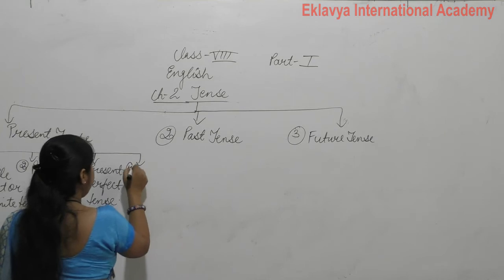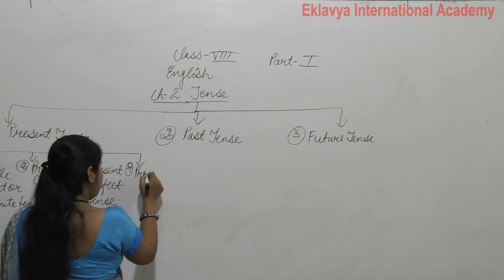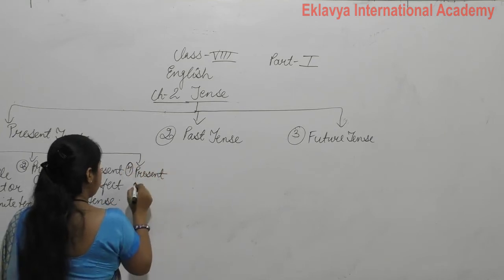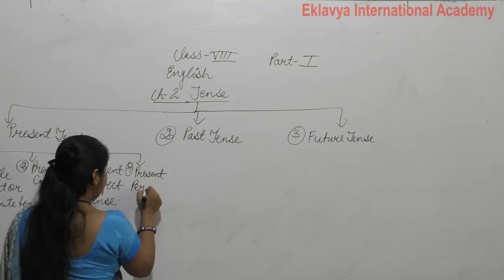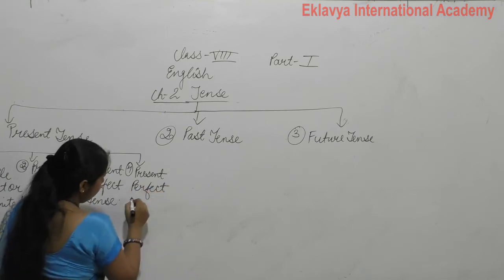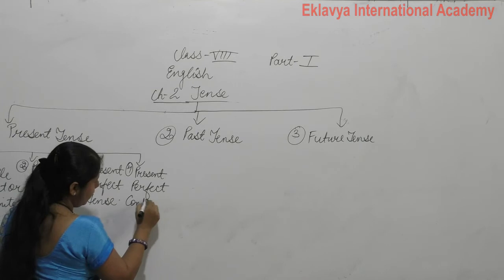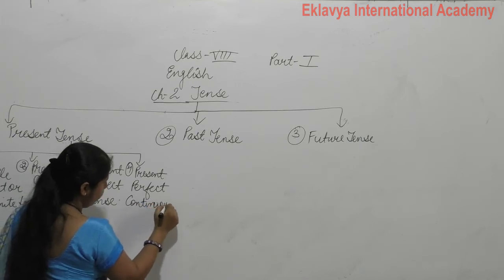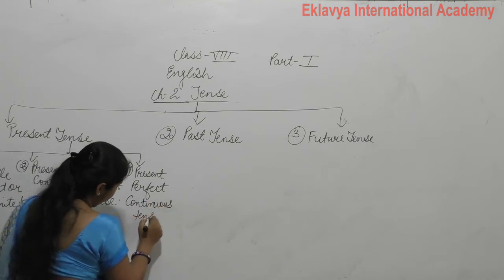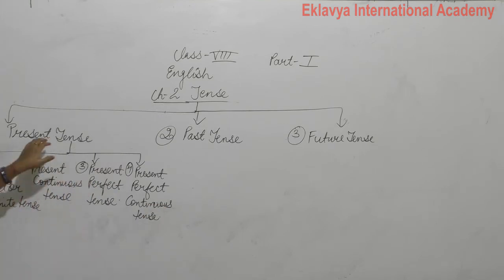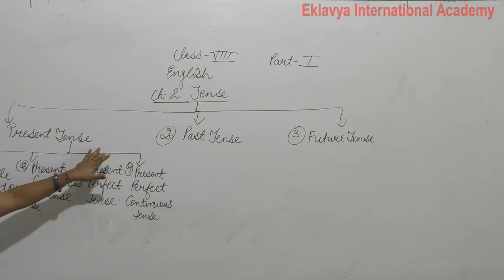And fourth one is present perfect continuous tense. So now present tense is divided into four parts.